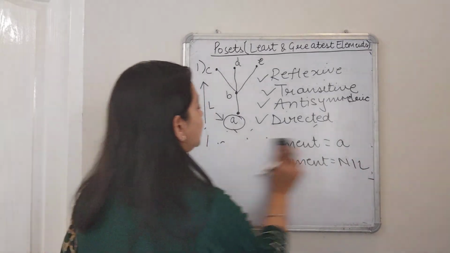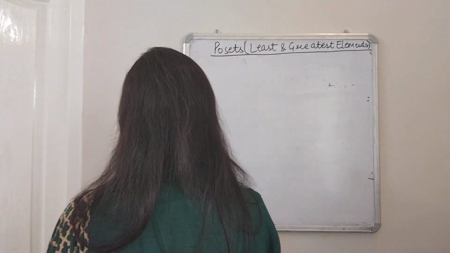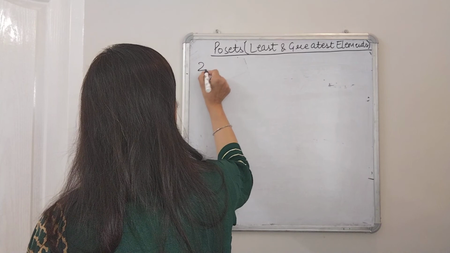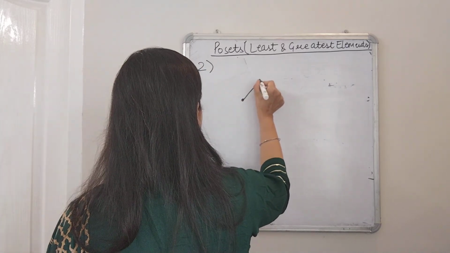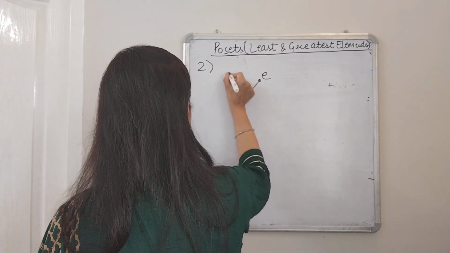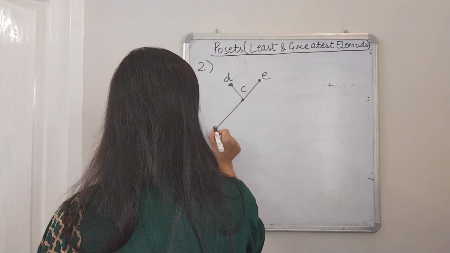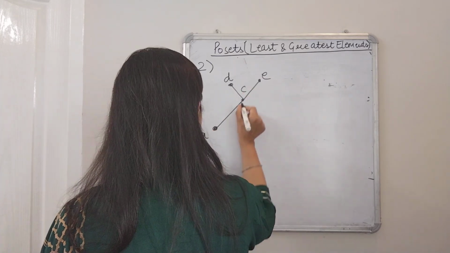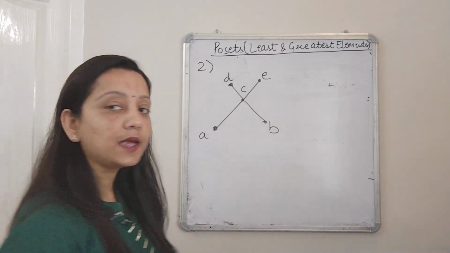Okay, now let's see one more example. Now let's look at this Hasse diagram.